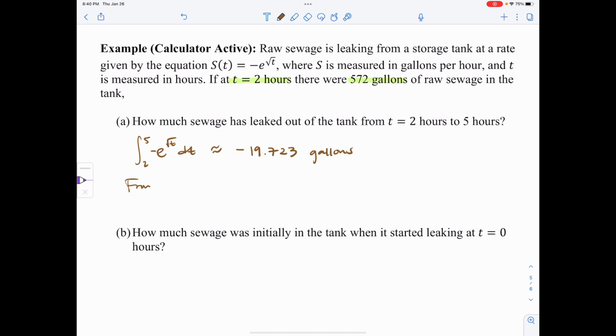From T equals 2 hours to T equals 5 hours, approximately 19.723 gallons of sewage have leaked out of the tank.